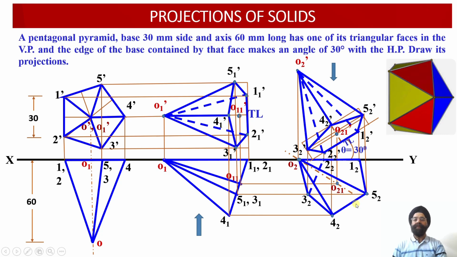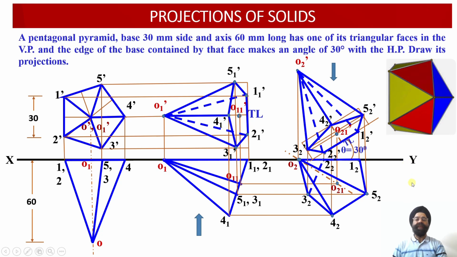So this way we have been able to obtain the front view projections as well as the top view projections of an oblique pentagonal pyramid, in which one of the triangular faces of this pentagonal pyramid is being contained by the vertical plane, and the edge of the base which is contained by this triangular face is inclined with respect to horizontal plane at an angle of 30 degree.